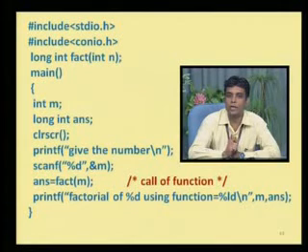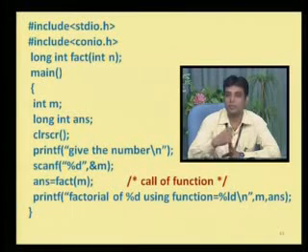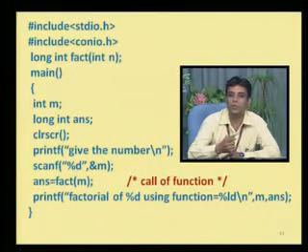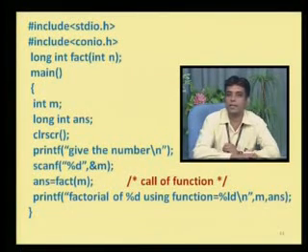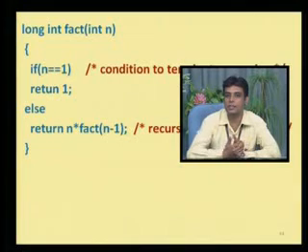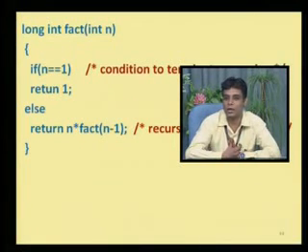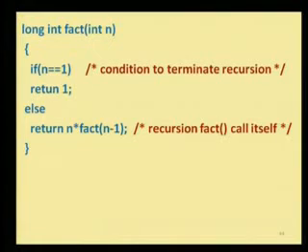It will check factorial of 3, factorial of 2, until it reaches the condition that n equals 1. So we have to do that program up to 5 4 3 2 1.